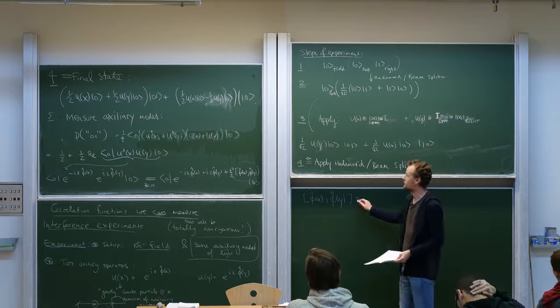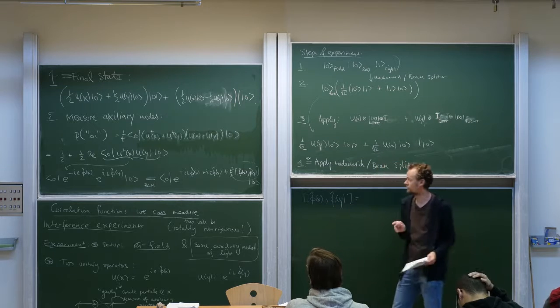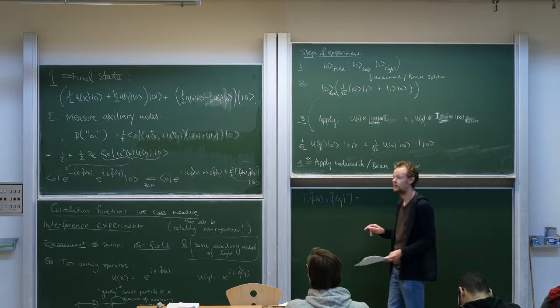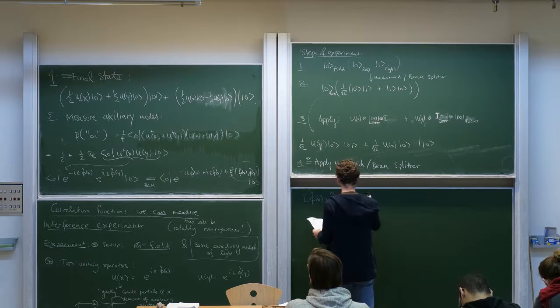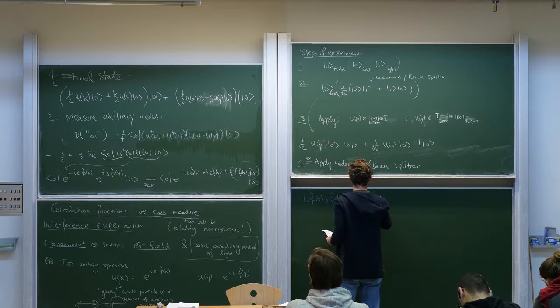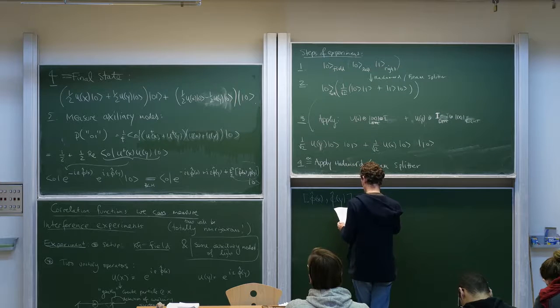Okay, so we have an expression for phi x, we have an expression for phi y. We just substitute those now in these expressions, and we end up with the following double integral that we have to do.